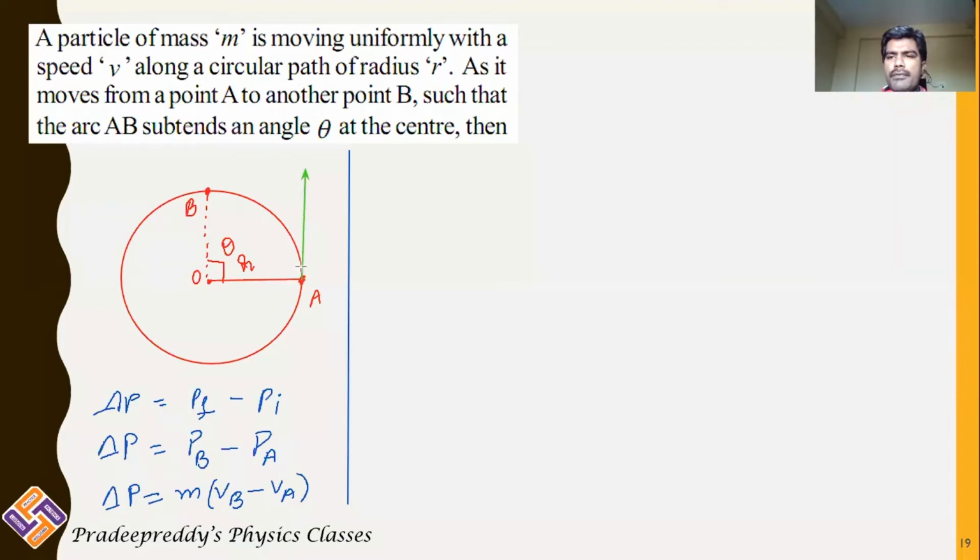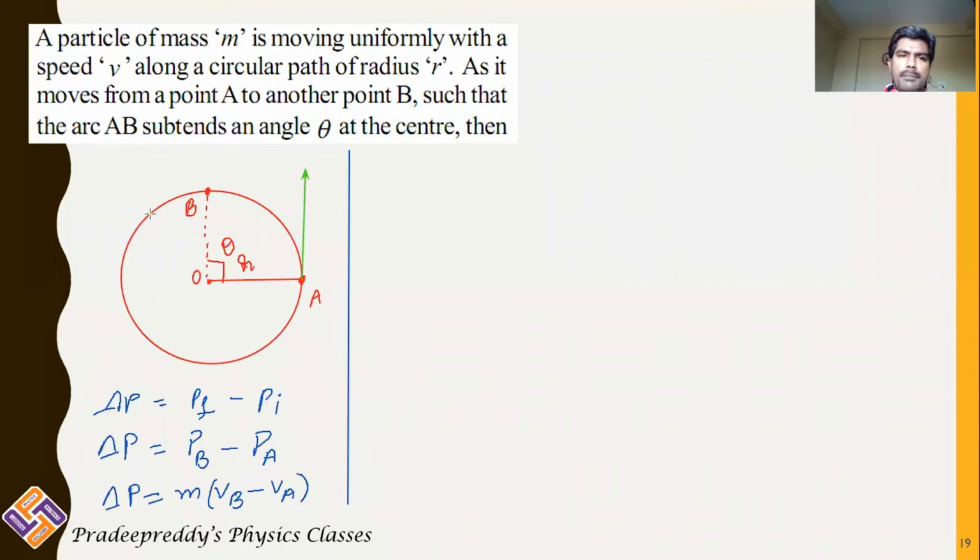Whenever you want to find the direction of velocity of a particle in a circular path, you can draw a tangent at that point, and that gives you the velocity at that particular point. So I am drawing a tangent at point A, which gives you the direction of velocity of the particle at position A.